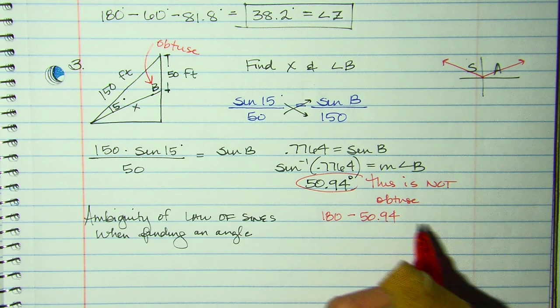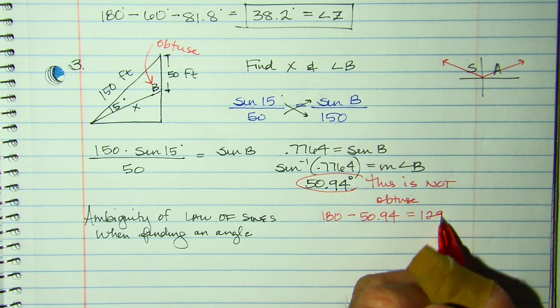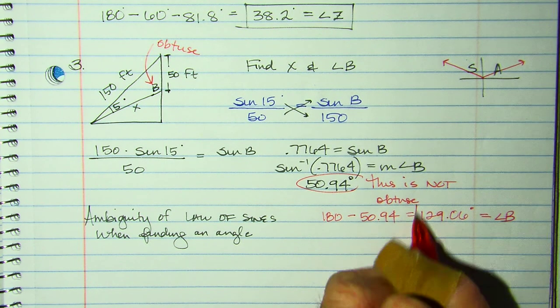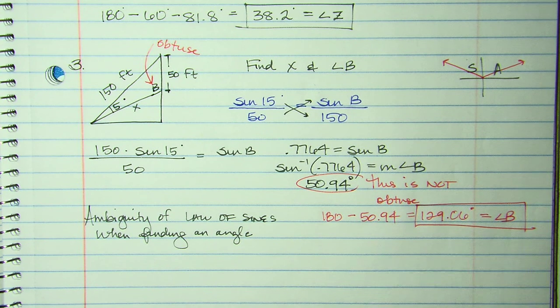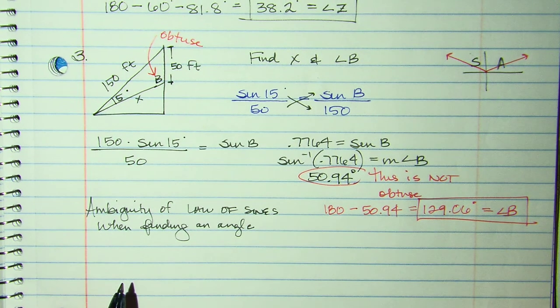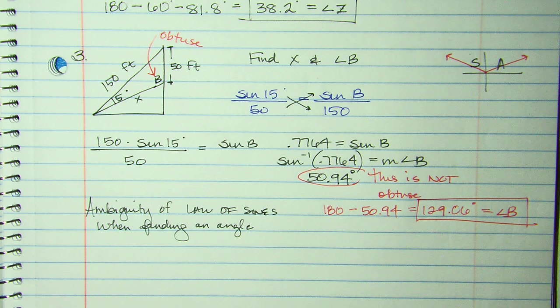And so when I subtract, I get 129.06 degrees. That is angle B. So there are times, especially in a real world problem, where you're going to have to look at your answer and ask yourself if that makes any sense.